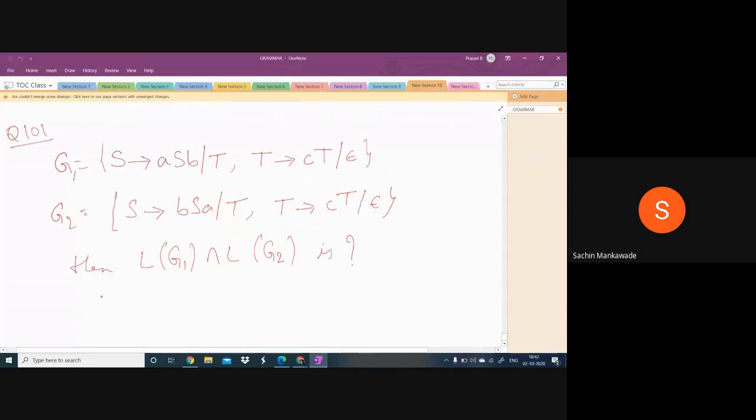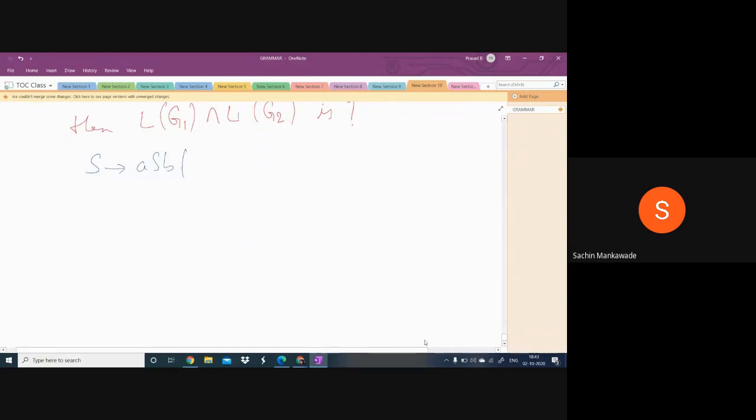G1 is: S derives ASB or T, and T derives CT or epsilon.